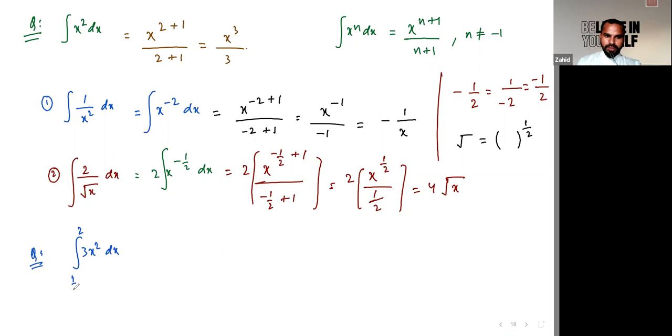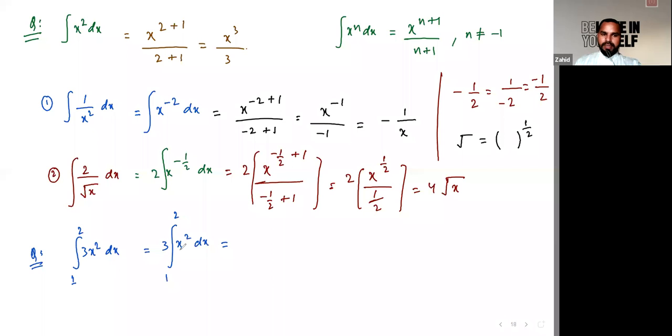This is the lower limit and this is the upper limit. First of all, you have to apply the formula to get the integration. Here we have 3, which is just a constant, so keep it outside, and x raised to 2 times dx, with limits from 1 to 2.